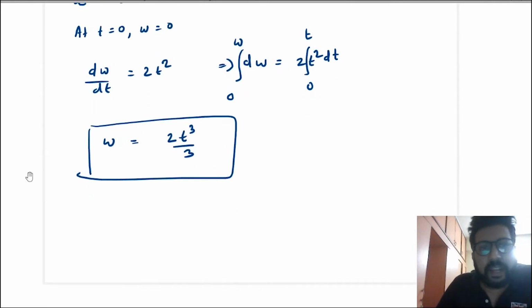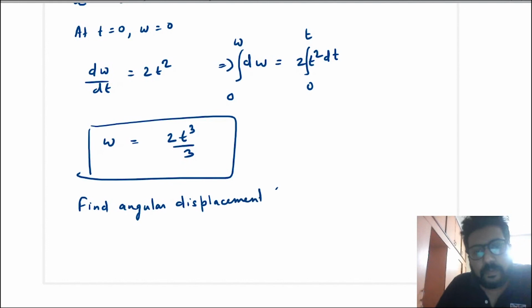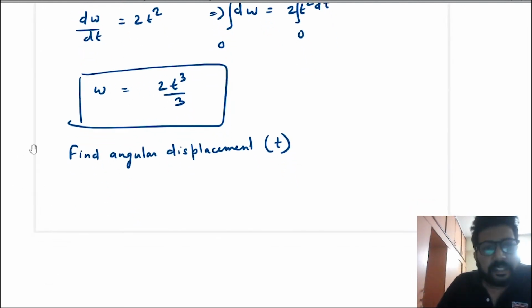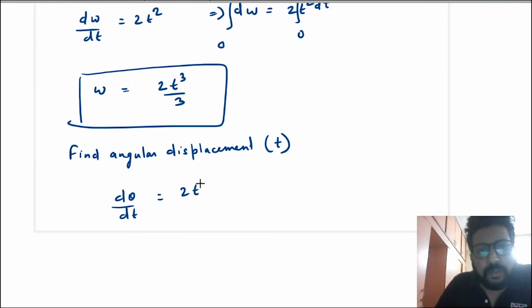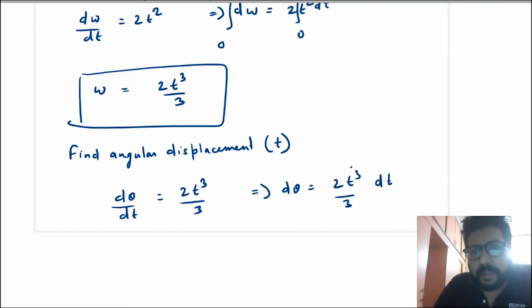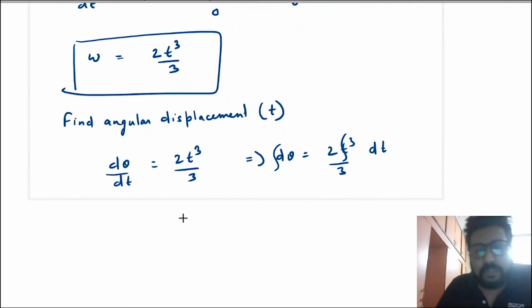Now if you want to find the position as the function of time, then find angular position or angular displacement as a function of time. In that case you will say omega is equal to d theta by dt, and that is equal to 2t cube by 3. So you will say d theta is equal to 2t cube by 3 dt. Again you will integrate. Integration of d theta will give you delta theta, that is the angular displacement, and that will be equal to 2 by 3 t4 upon 4.